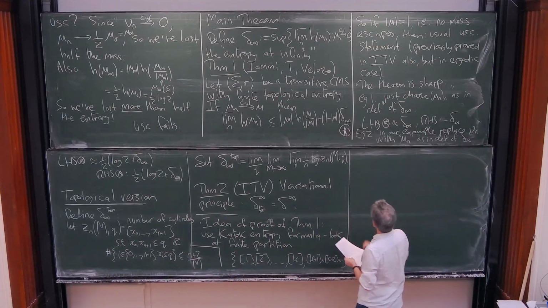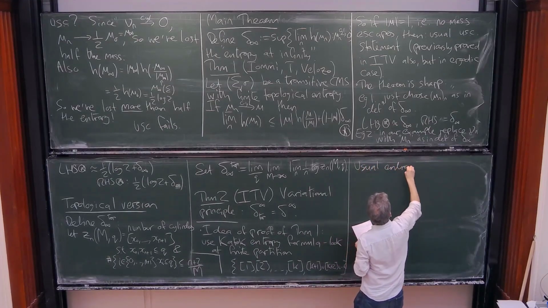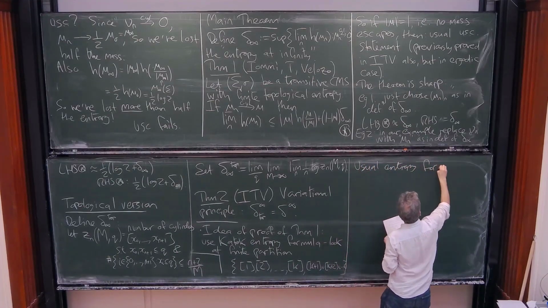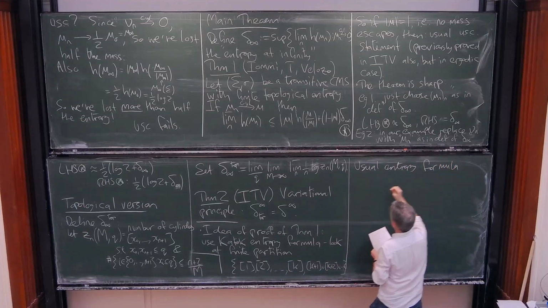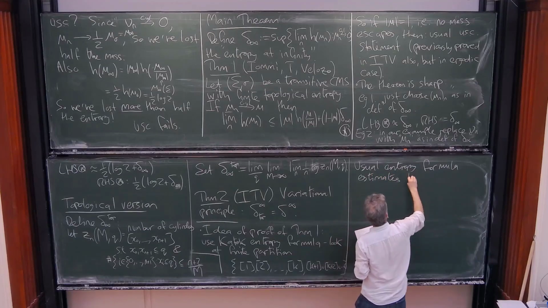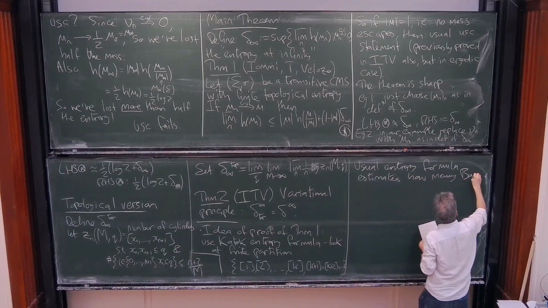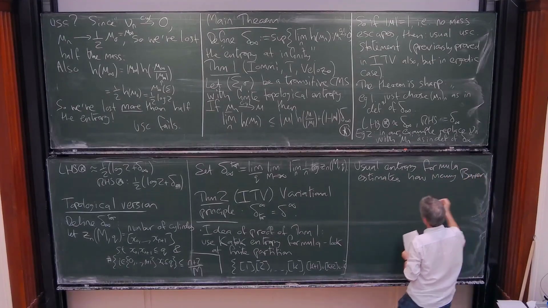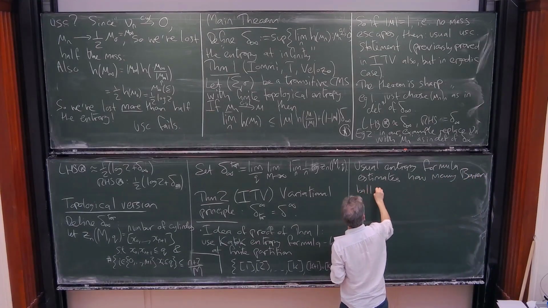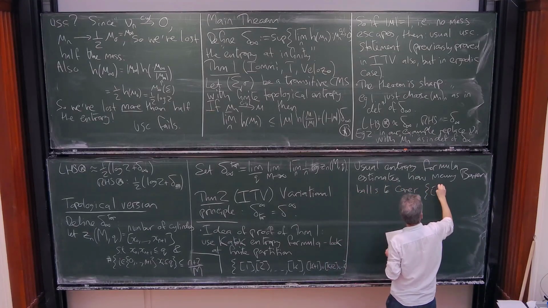And so the usual entropy formula estimates how many Bowen balls I need to cover these guys.